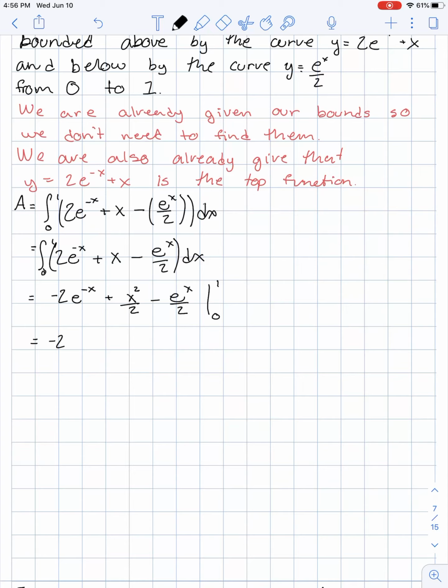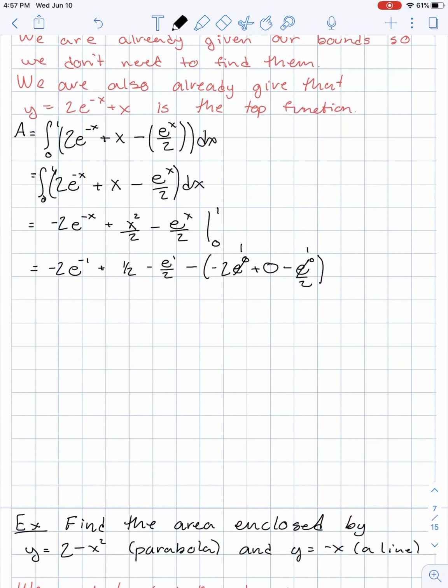So this is going to equal negative 2 e to the -1 plus 1/2 minus e to the 1 over 2, minus negative 2 e to the 0 plus 0 minus e to the 0 over 2. And e to the 0 we just talked about, this is just a 1.